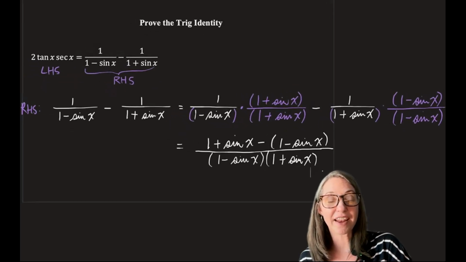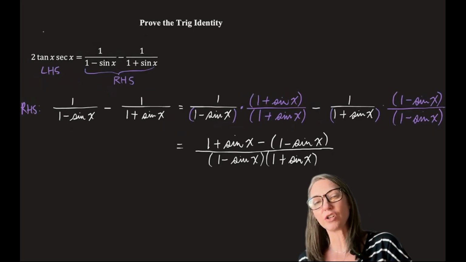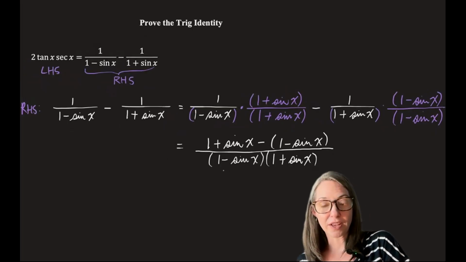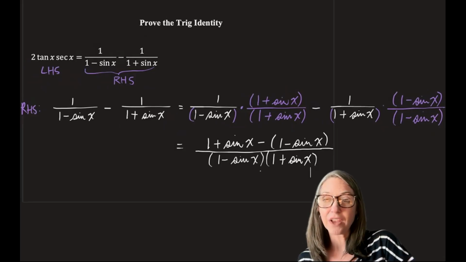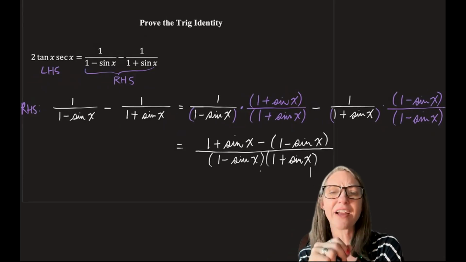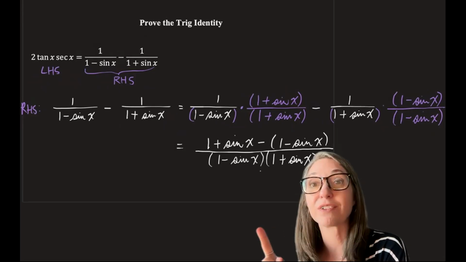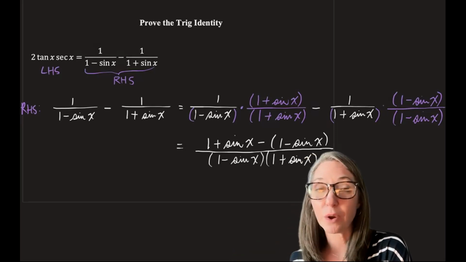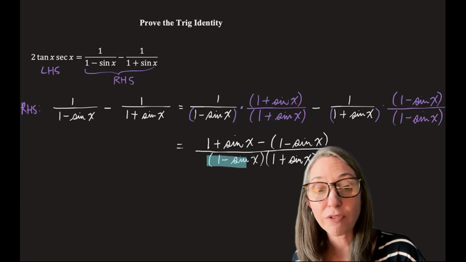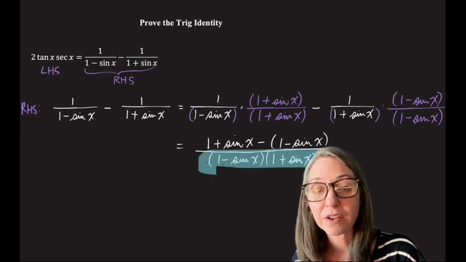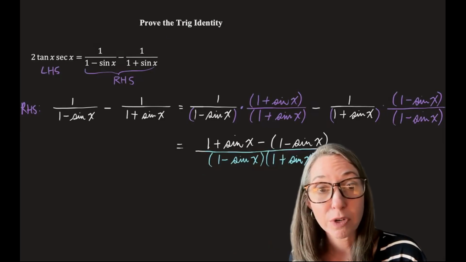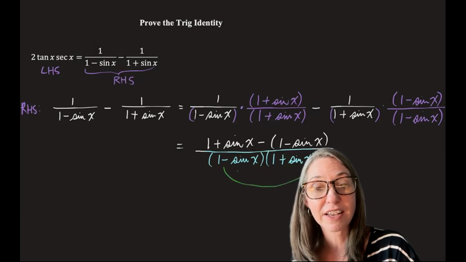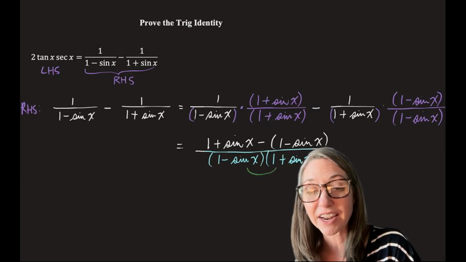Again, keep your eye on the goal. We're hoping to turn it into 2 tangent x secant x, right? Okay, so down here in the denominator, that's a question. Usually I do not multiply out denominators. I leave them factored, but this one's special. Why? Because if we FOIL that out, those are conjugates of each other, which means when we FOIL it out, the outside term is positive sine x, the inside term is negative sine x.